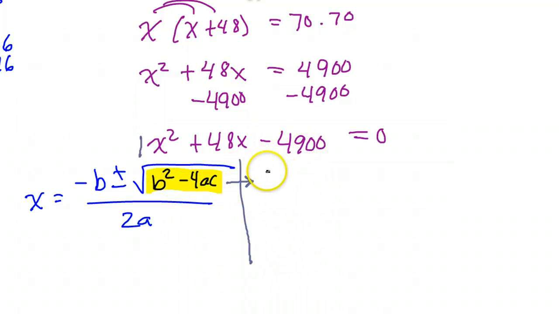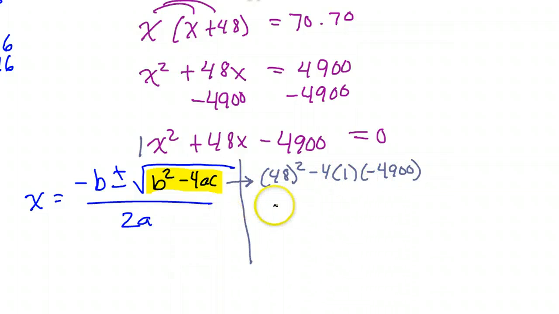So b squared is 48 squared, minus 4 times 1, times negative 4,900. Alright, this is the discriminant. That is 21,904. Man, that's a big number.